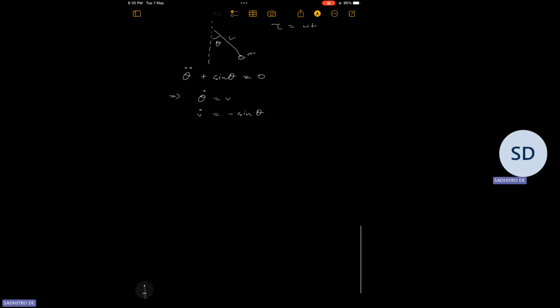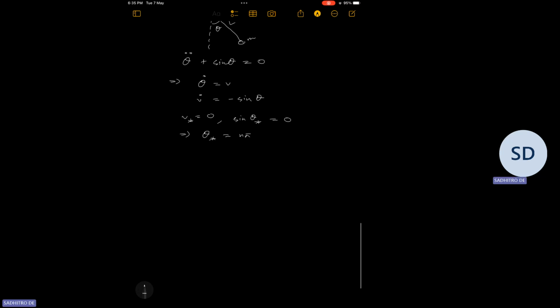Now the fixed points of this equation are basically given by v star equal to 0, and sine theta star equal to 0, which implies that theta star should be equal to n times pi. So the fixed points are therefore given by n pi comma 0.